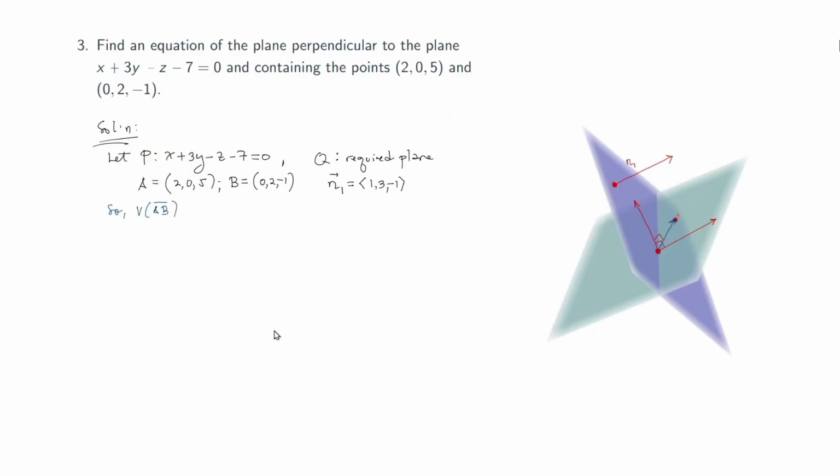Okay, so now if you create a vector that joins from A to B, then this equates to (-2, 2, -6). Now it remains to take the cross product of this normal vector and this vector to obtain a normal vector for your plane Q.